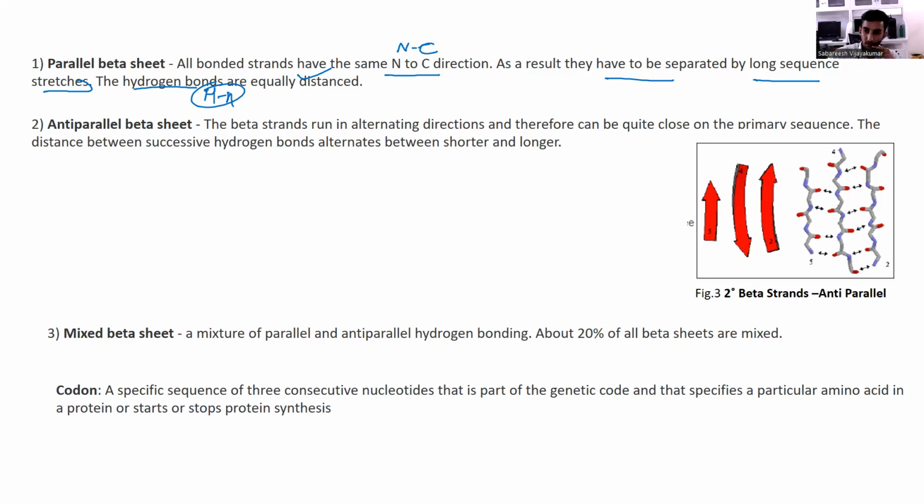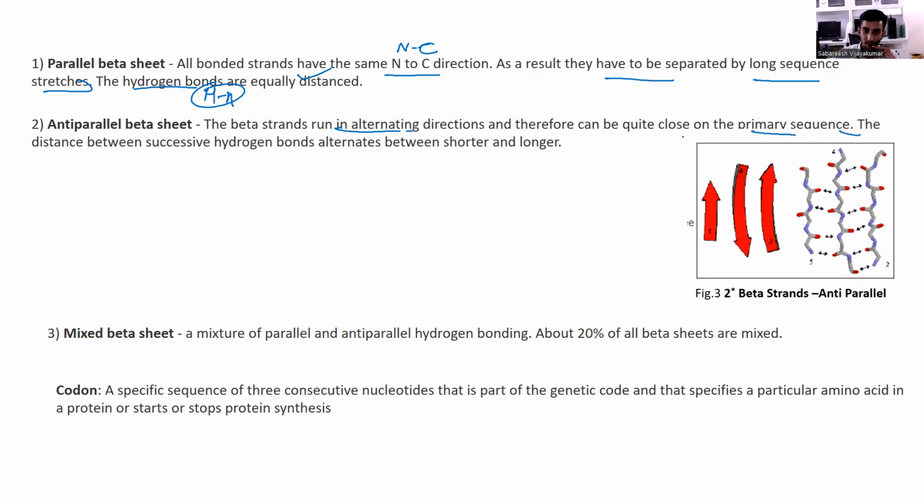In figure 3, you can see the anti-parallel beta sheet, which is the next type. What they do is run in alternating directions, so they can be quite close in their primary sequence.